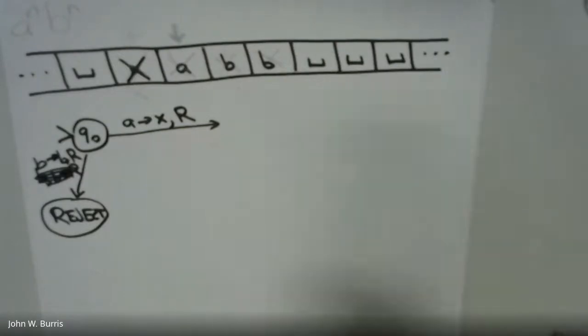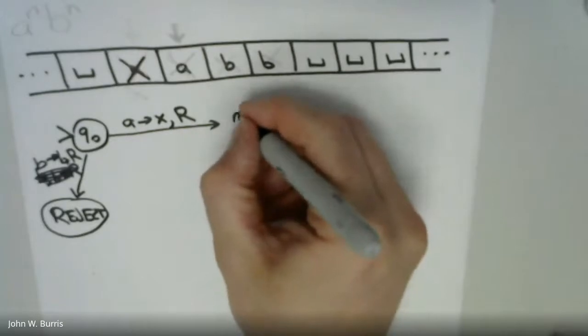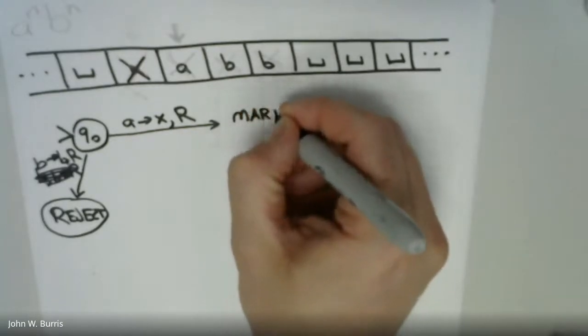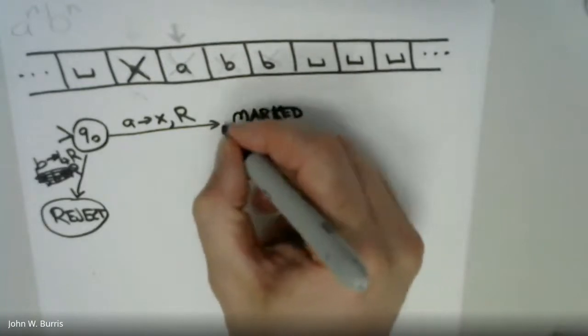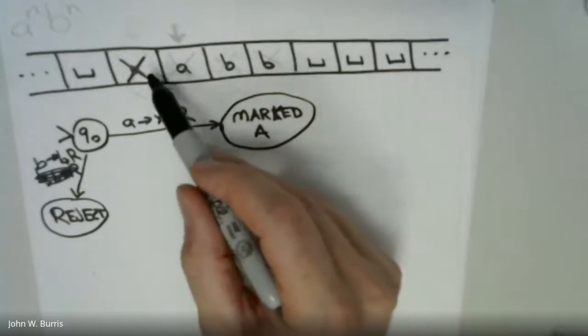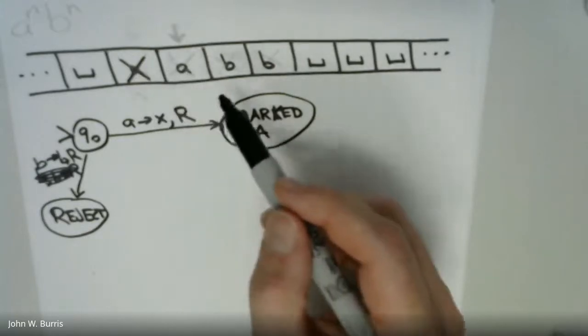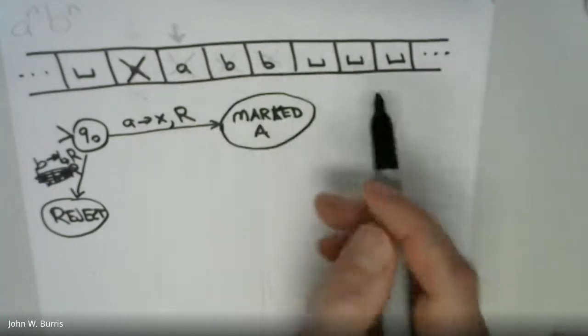Now I have marked an A, all right? So I'm going to call that this state, marked A. And I'm going to think about what I need to do after I've marked this A. I'm going to find a B that I need to match it against. So I'm going to keep on moving right.